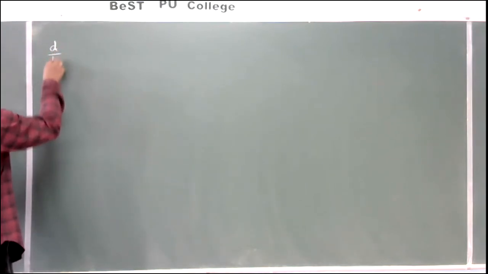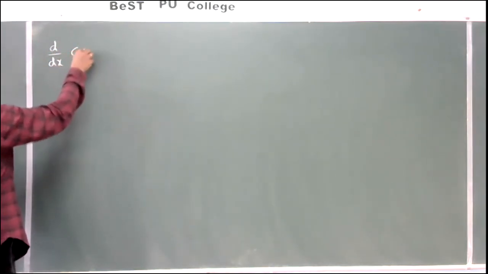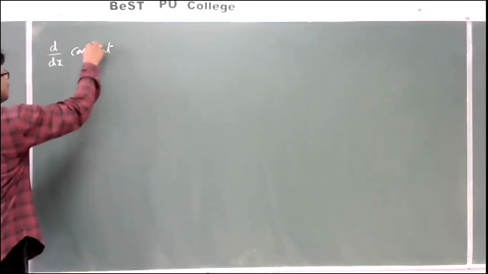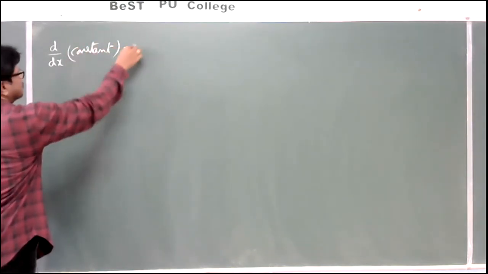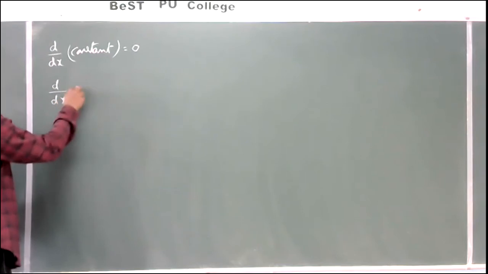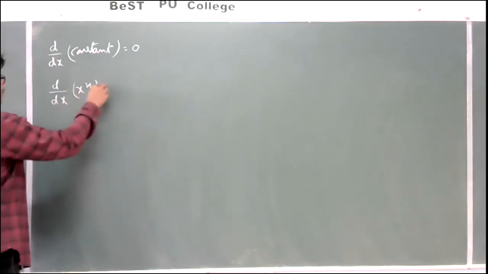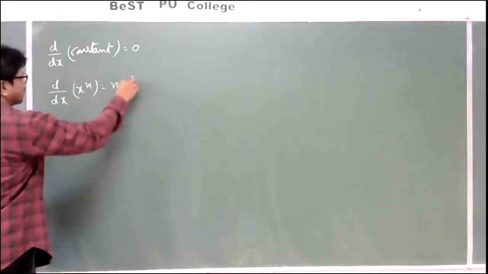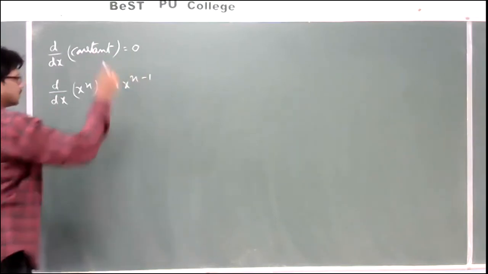And the important formula also we discussed yesterday, that is, if you differentiate the constant with respect to any variable, its value is 0. So d by dx of x to the power of n is equal to n into x to the power of n minus 1.